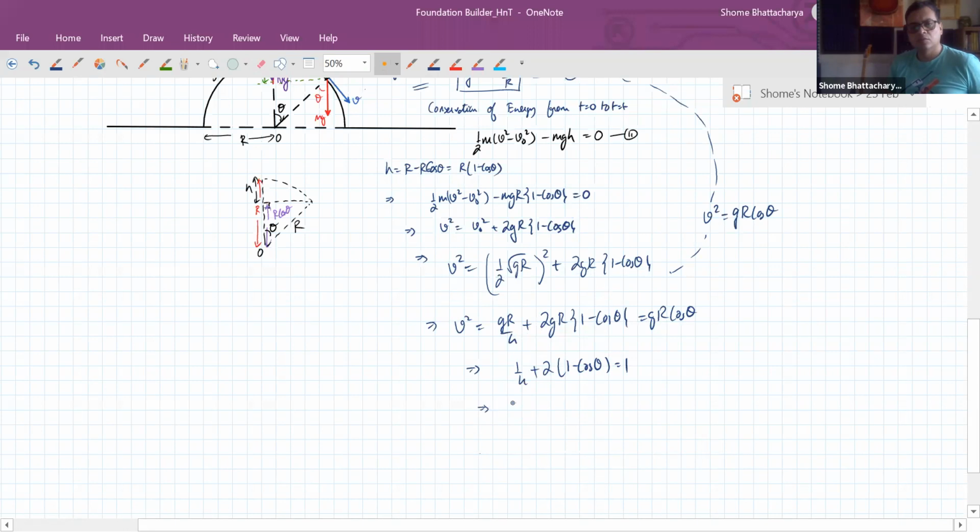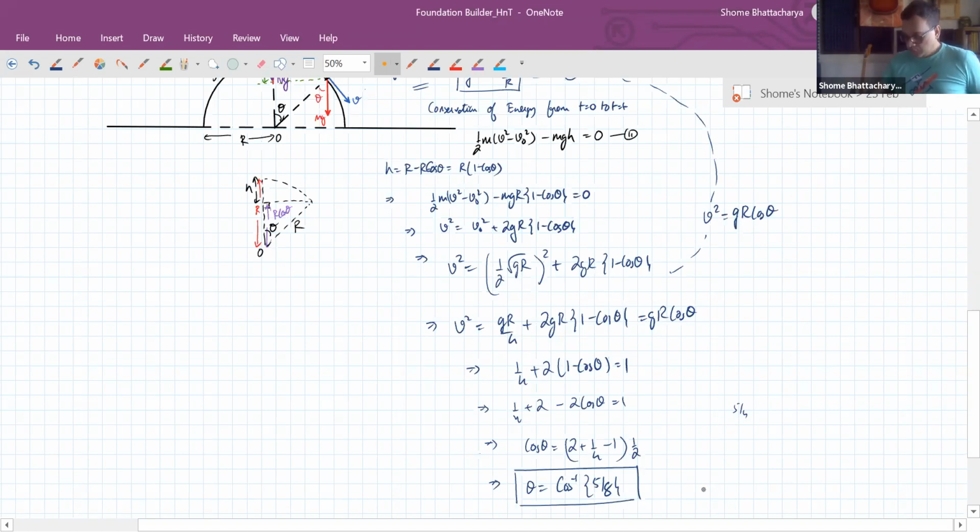So this will become our final answer. The answer given at the back is different, so let's just check our value once more.